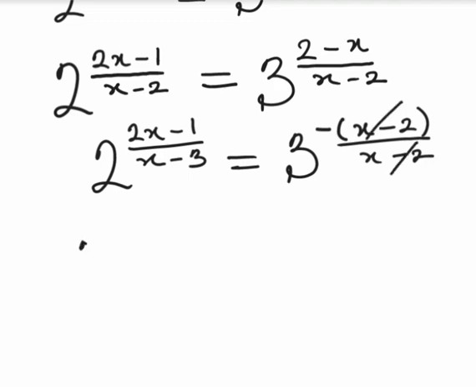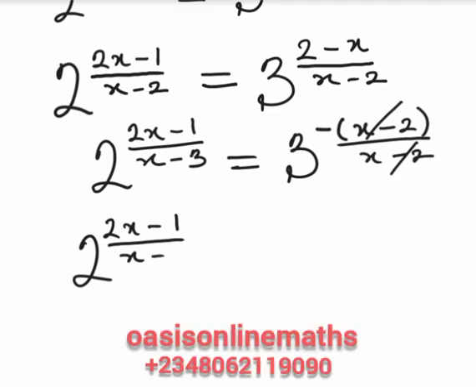So we have 2 raised to the power of (2x minus 1) all over (x minus 2) will now be equal to 3 raised to the power of minus 1.